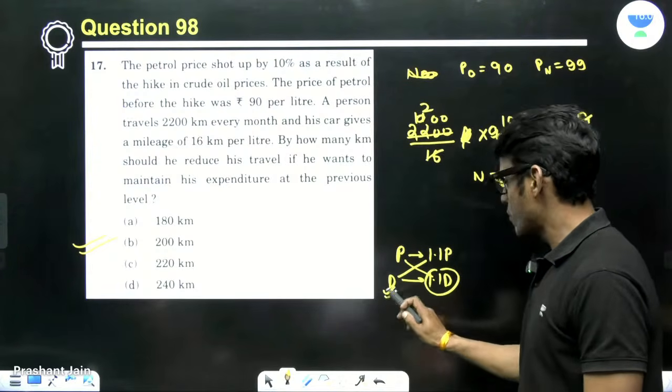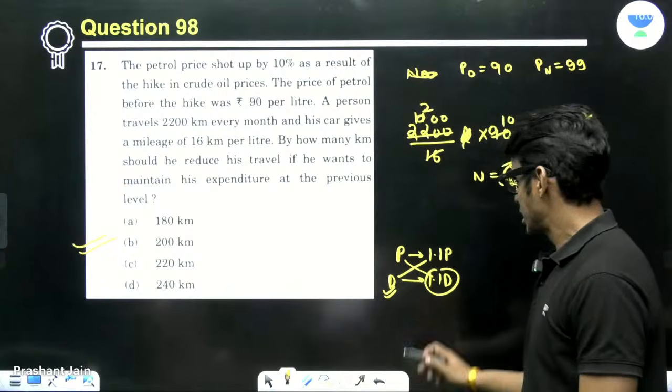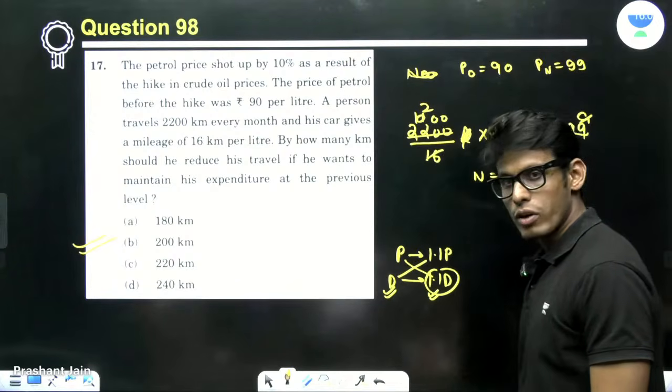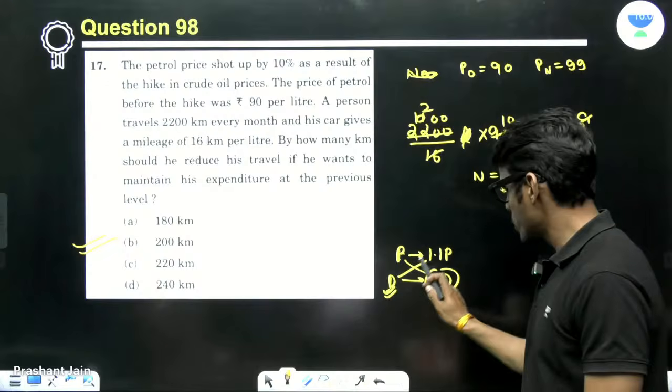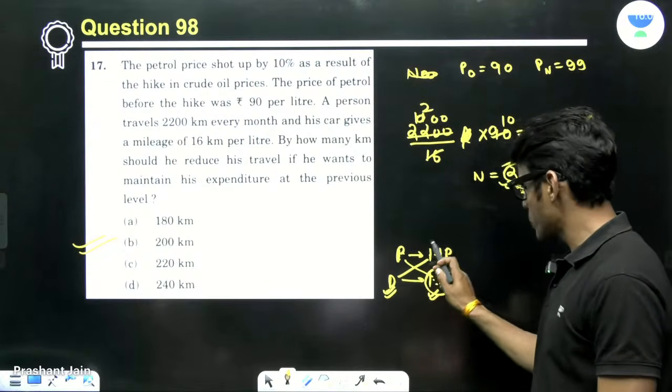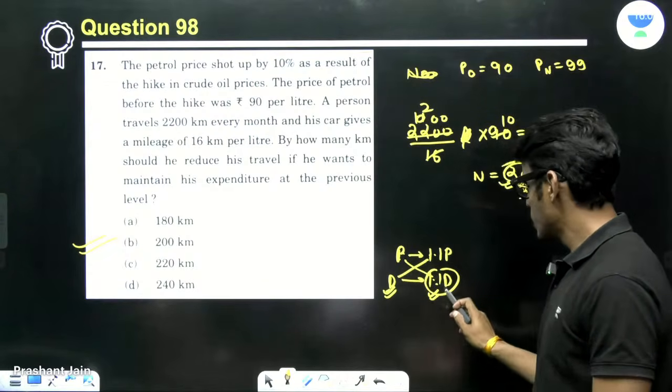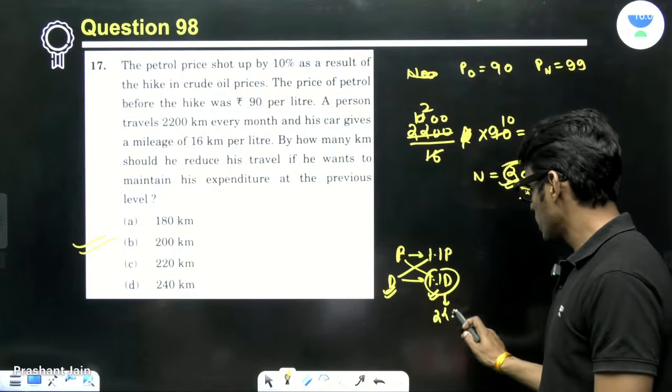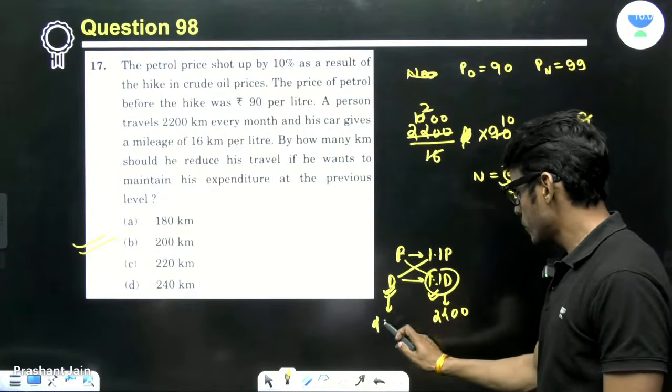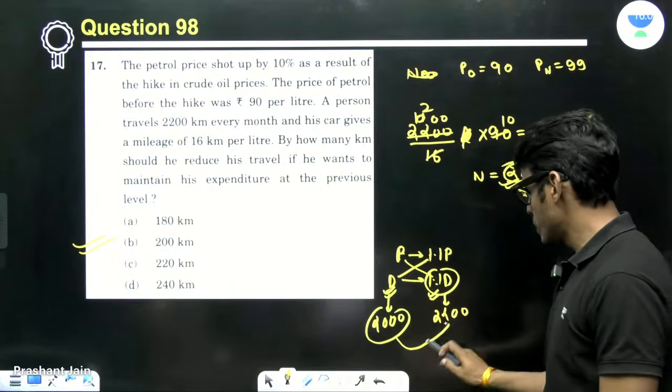If now he is traveling D distance, earlier he used to travel 1.1 D, because the product of these two should be the same. So if this is 2200, this has to be 2000. So the difference is 200 kilometers.